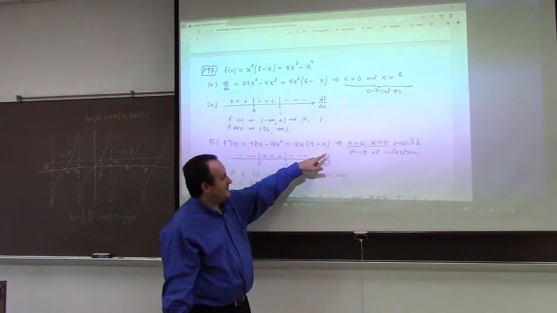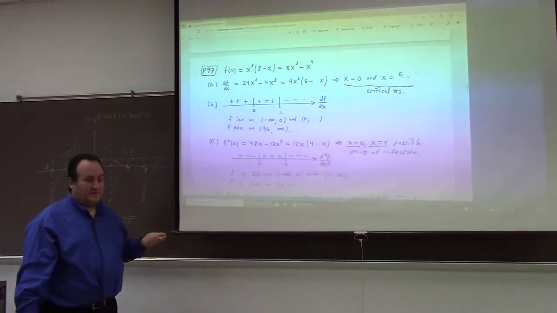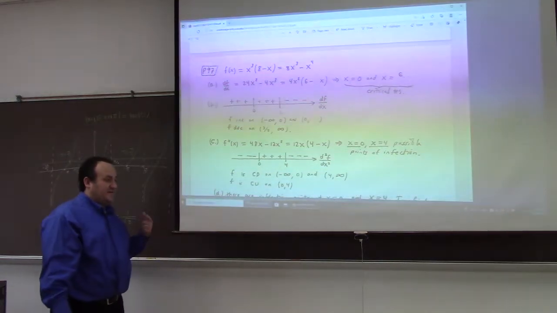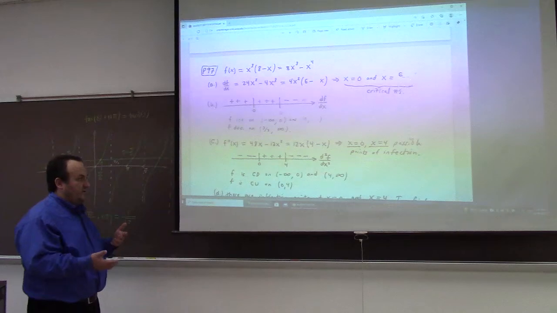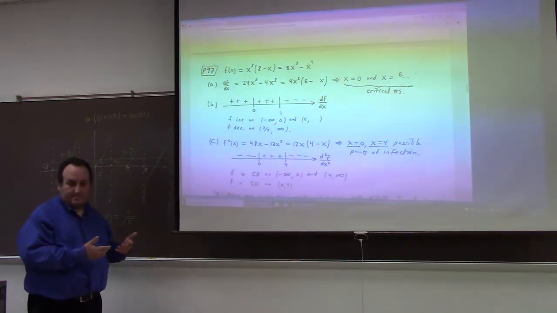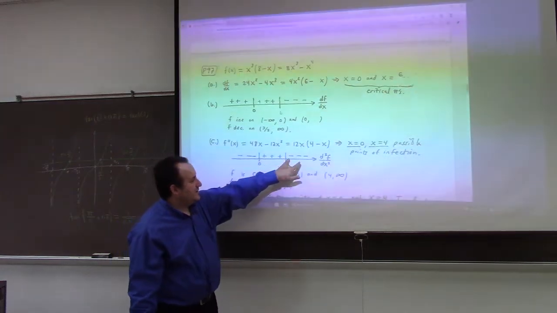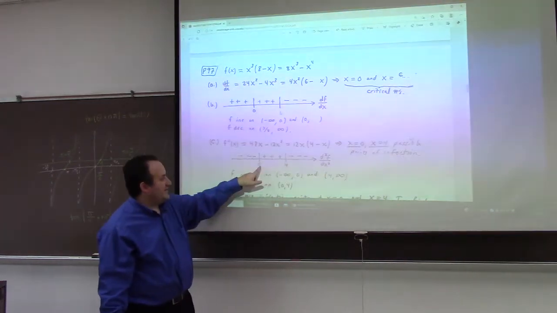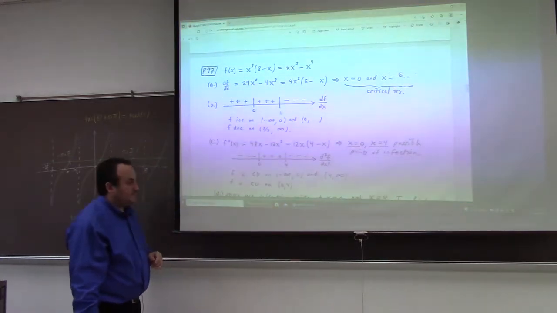I got 12 minus 4x, so x equals 0 and x equals 4, the places where that could be 0, which is to say the places where the second derivative could change signs. Changing signs for the second derivative is changing concavity. So it's concave down over here, concave up in here, concave down over here, which means that's going to give a point of inflection, and that's going to give a point of inflection.